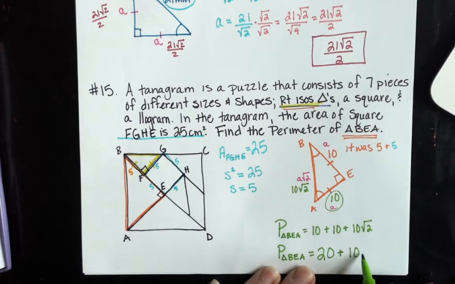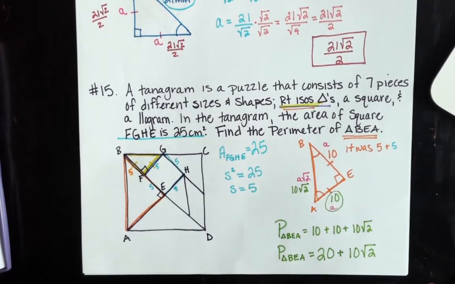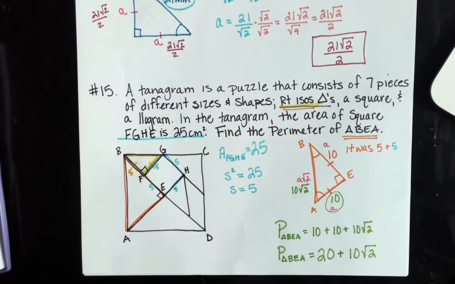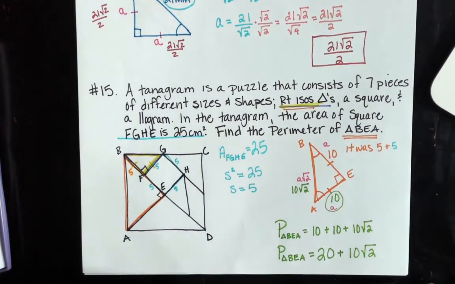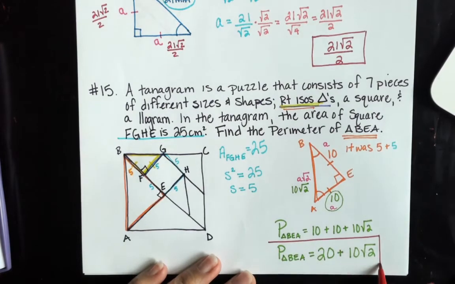And you should be able to type this out exactly, 20 plus, and then 10, and access that radical button and put the 2 in. So our final answer would be exact at 20 plus 10 radical 2.